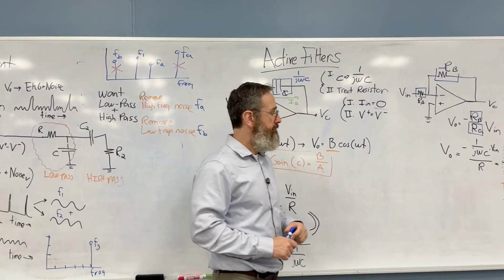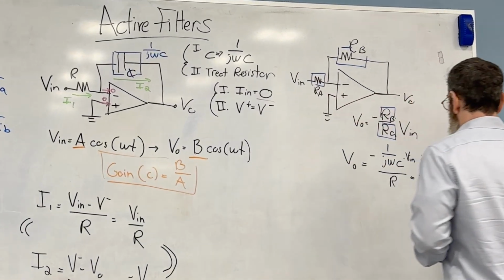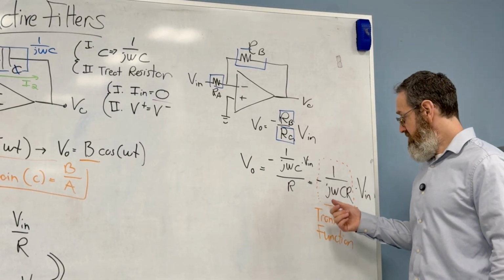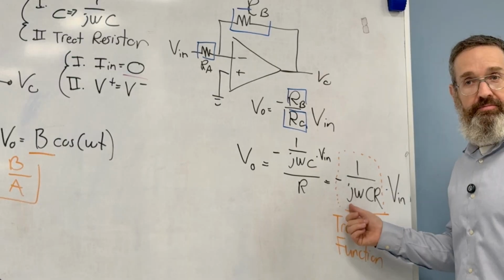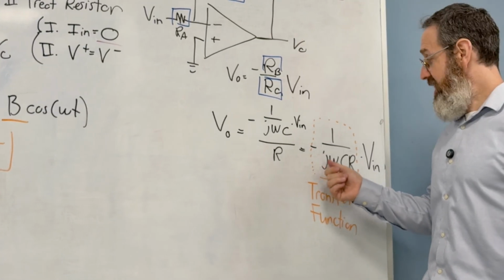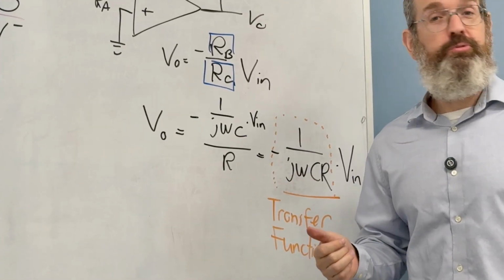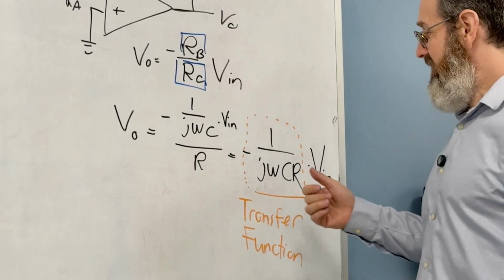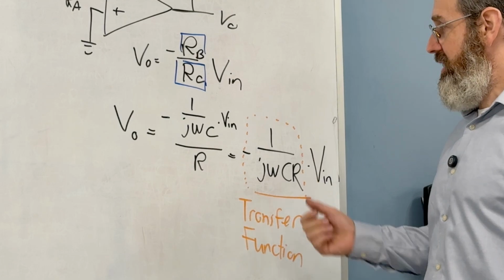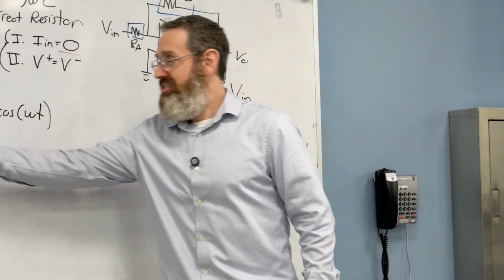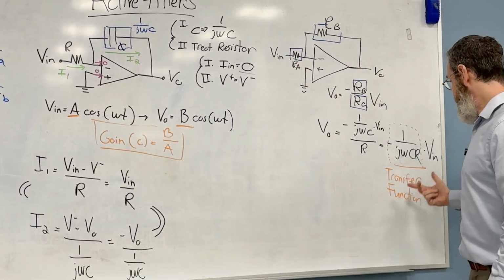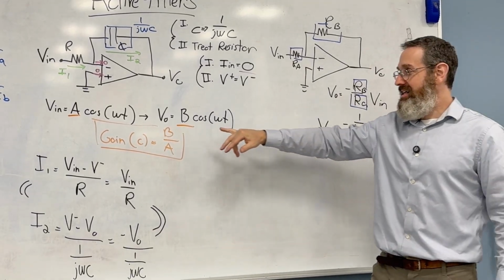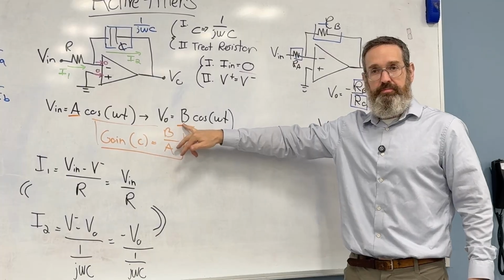Now, we're not done, because we have this pesky J, right? And J is imaginary. We live in the real world, okay? And I don't know what quite to do. I mean, I could take this and plug it into here, but I would still have an output in terms of the J, and I need the output in terms of a real number.